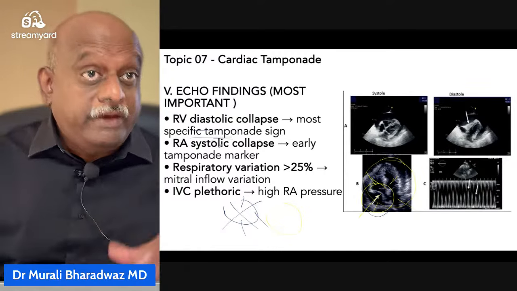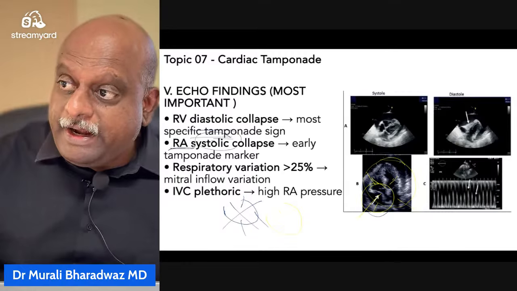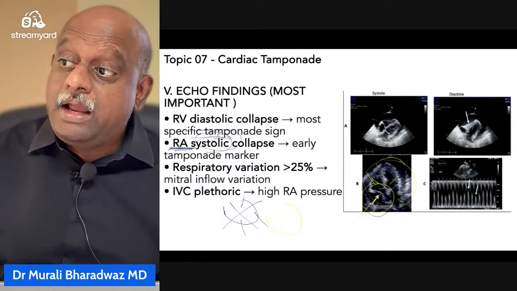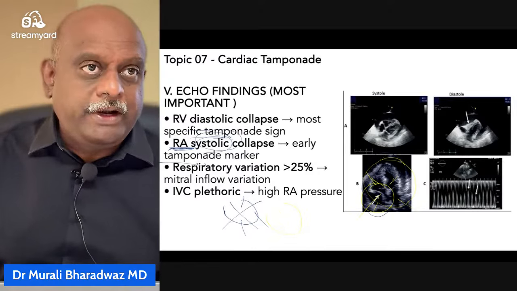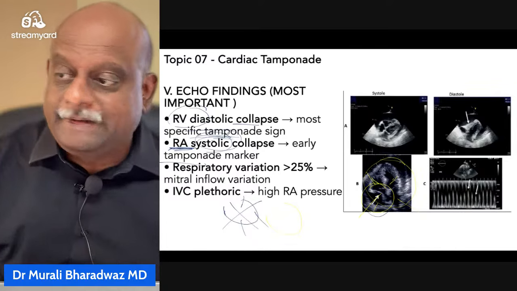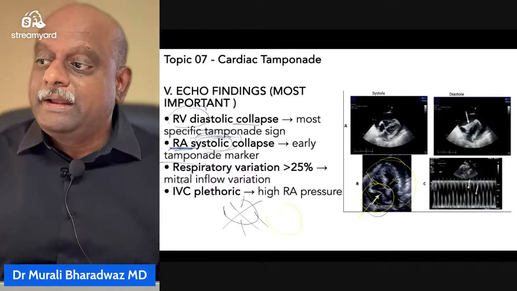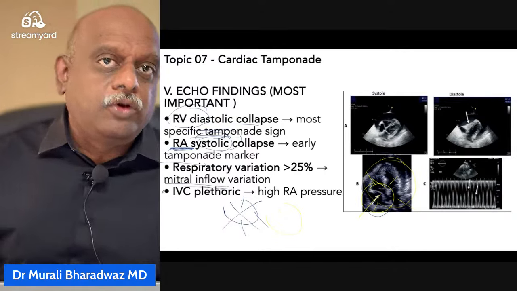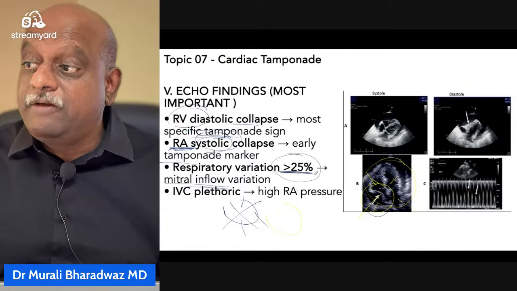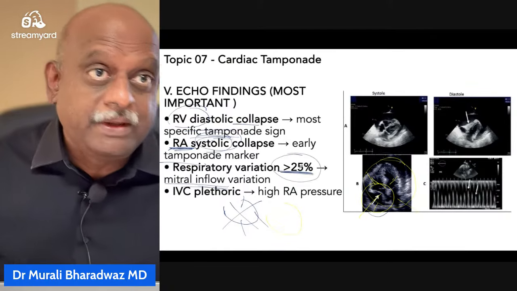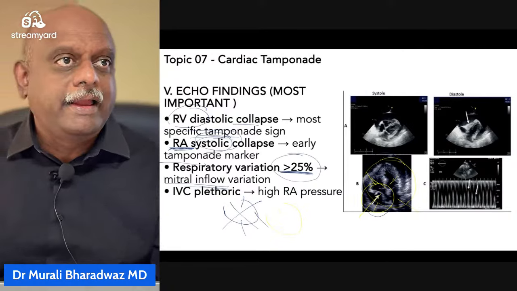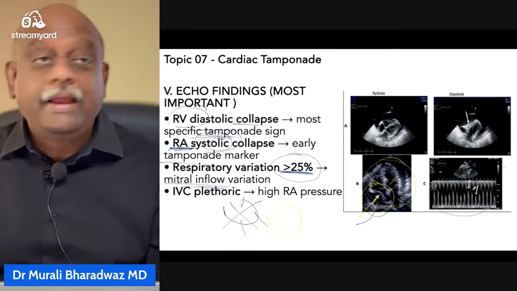RV diastolic collapse is the most specific cardiac tamponade finding. And very early, in systole only the right atrium will collapse. RA systolic collapse is early tamponade. RV diastolic collapse is the specific tamponade sign. And if you look at the mitral inflow, respiratory variation, if it is more than 25%, that means there is an impairment of the filling of the atria, right?